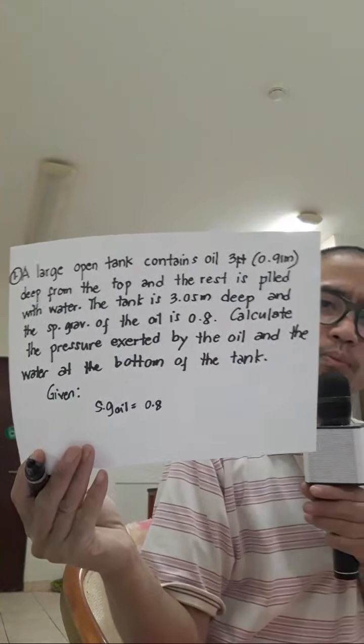Then we can compute the density of oil through the basic formula. The specific gravity of a substance, SG, is equal to the density rho of the substance over the density of water.